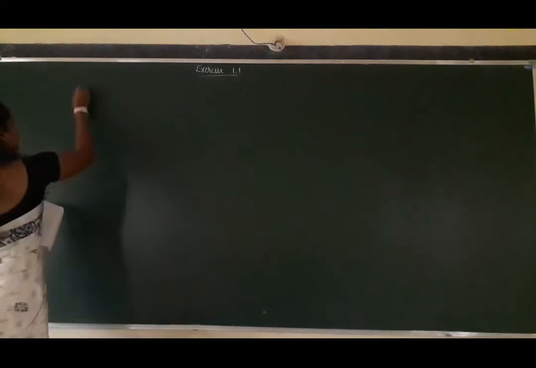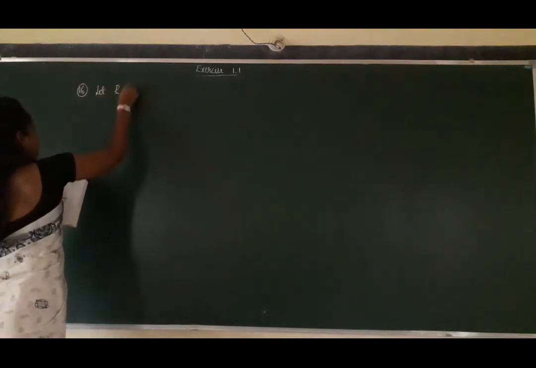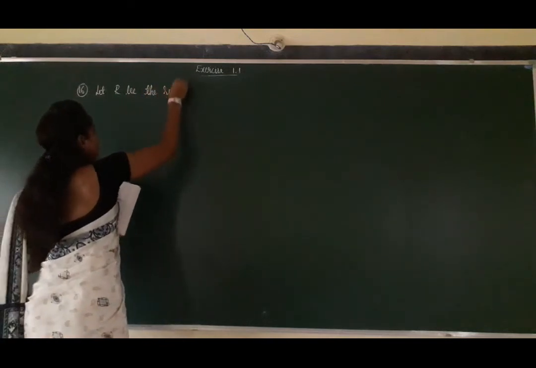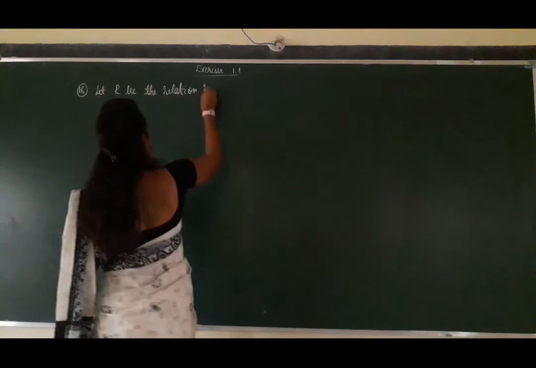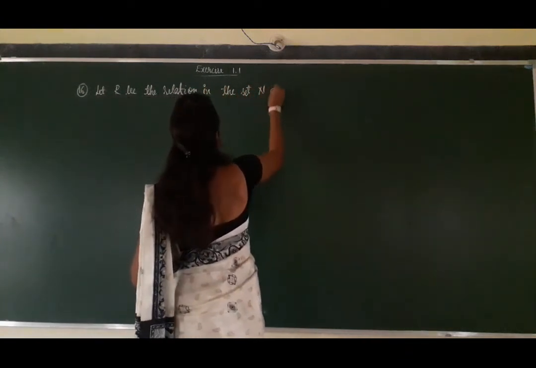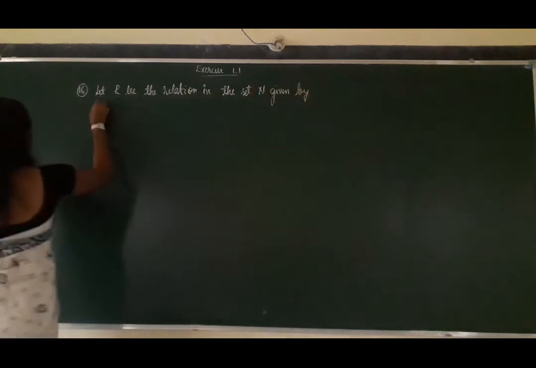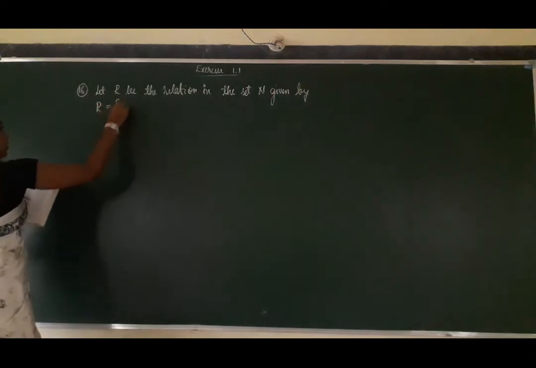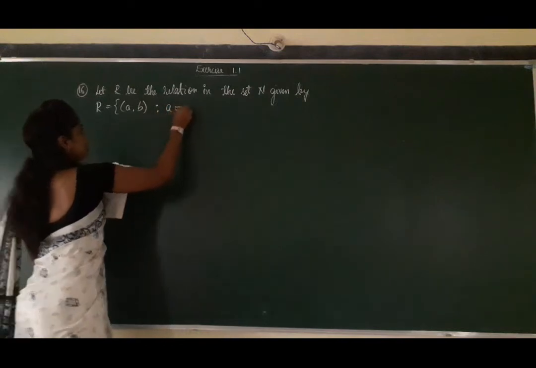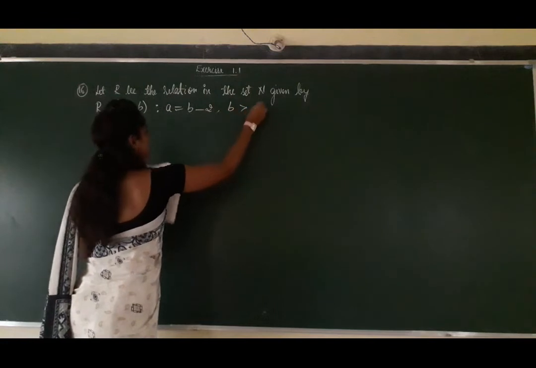The last question is 61. Let R be the set of ordered pairs (a, b) such that a is equal to b minus 2, where b is greater than 6.